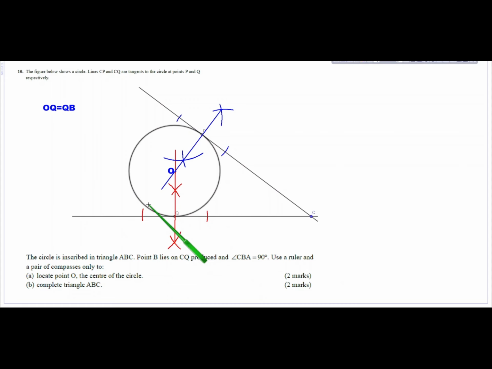And side AB also touches this circle at this point. So it's actually a tangent to the circle at this point, since the circle was inscribed. So that distance OQ, using the compass, I can put that mark.